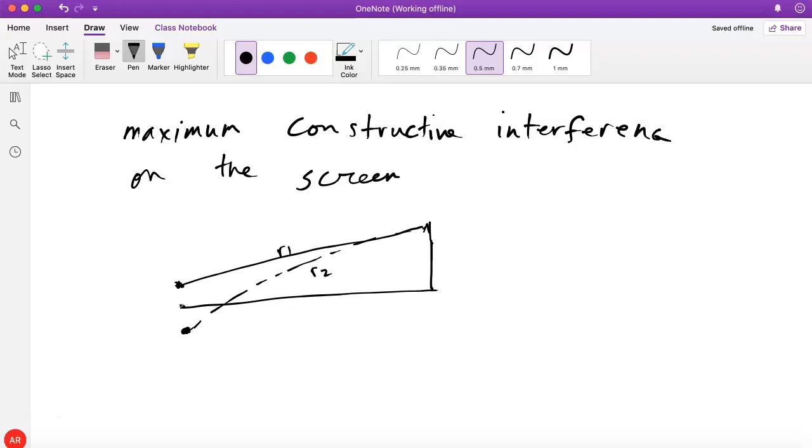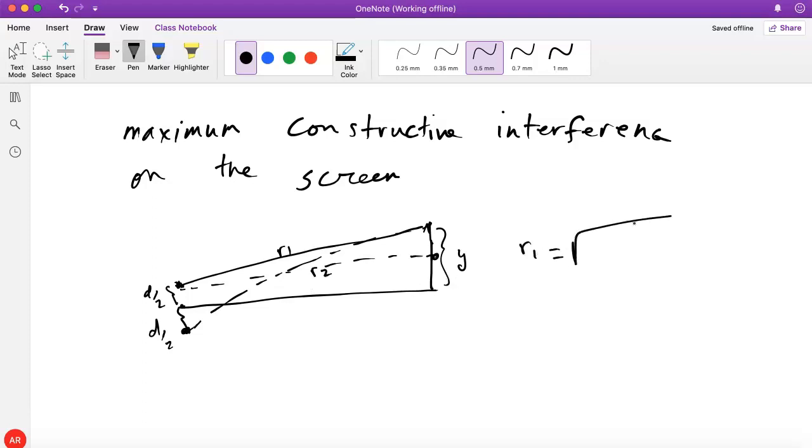So if the distance between the sources is D, I have D over 2 over here, and another D over 2 over here. Okay, so what is R1? From here to here it's Y. So if you consider this triangle, from here to here I have Y minus D over 2.